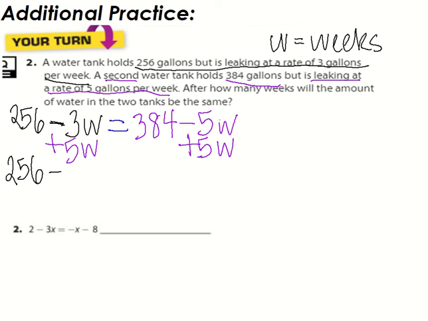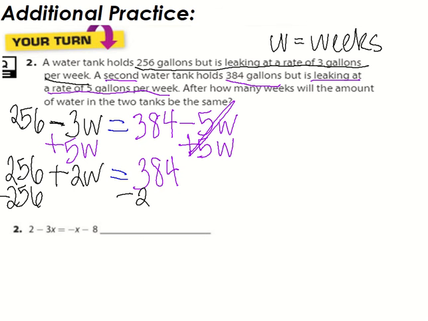256 plus 2W. So you can see I got to change that to a positive because I now have positive 2. I'm going to cross this off really quick. That's going to equal what's left, the constant, 384. Now it's a two-step, and so we're going to move the constant first, minus 256, minus 256.